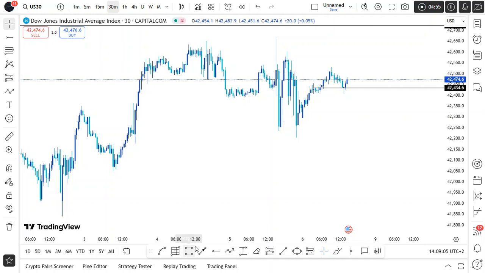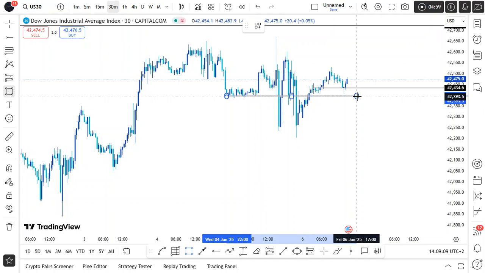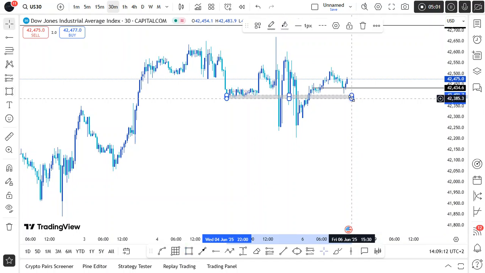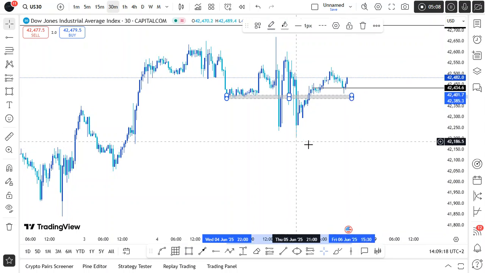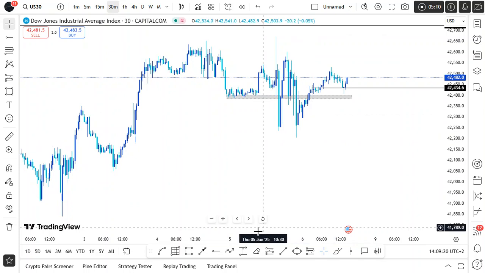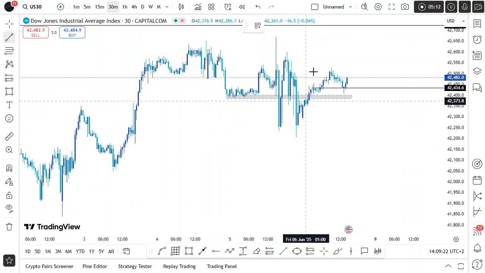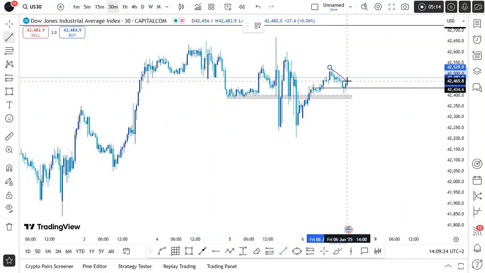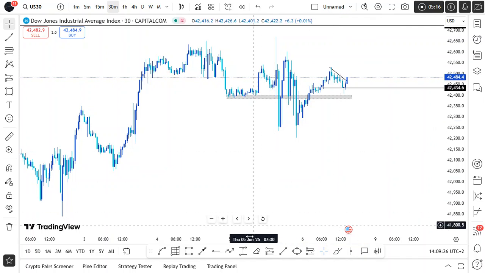So when I get to the 30 minutes, it's forming into this pattern, this shoulder, and it formed this continuation pattern.